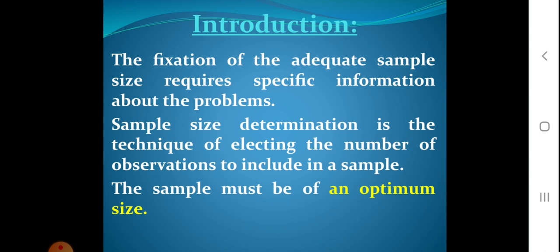Technically, the sample size should be large enough to give a confidence interval of desired width, and as such the size of the sample must be chosen by some logical process before the sample is taken from the universe. Dear students, this is about the introduction of sample size.